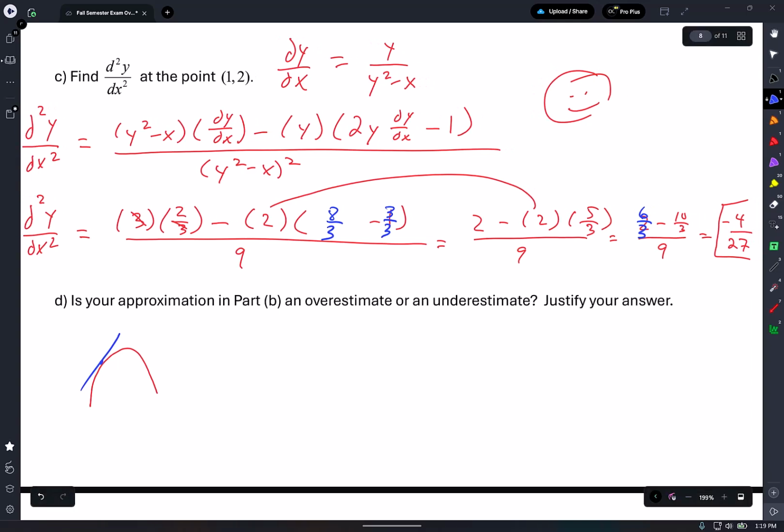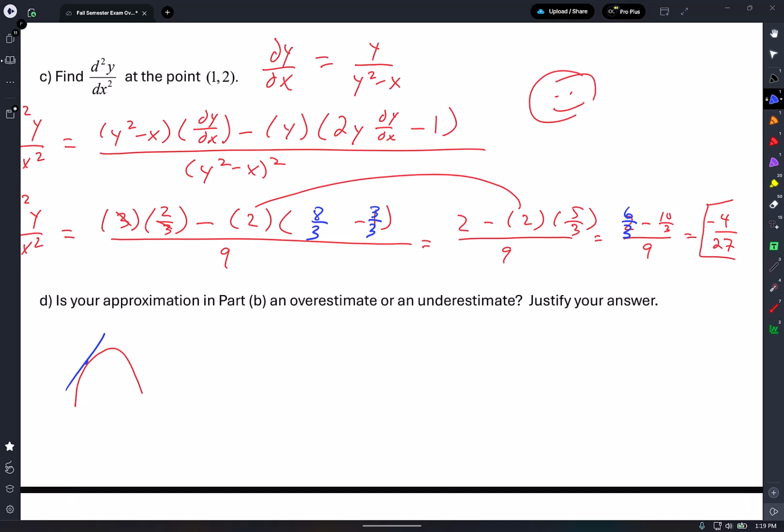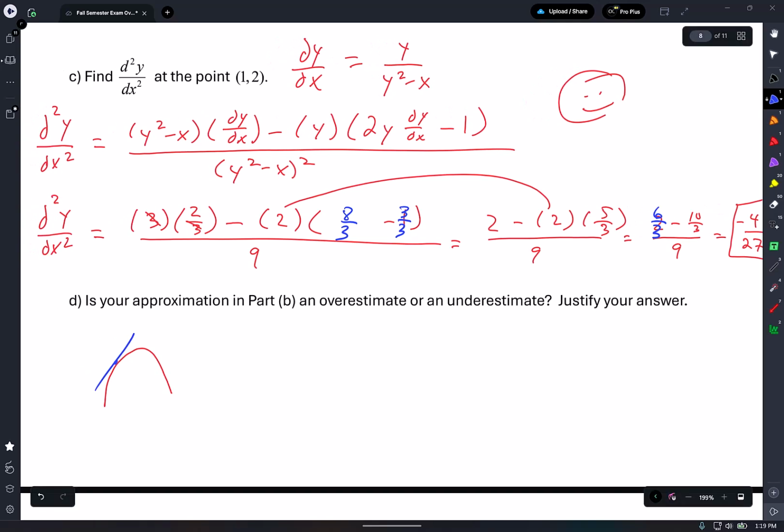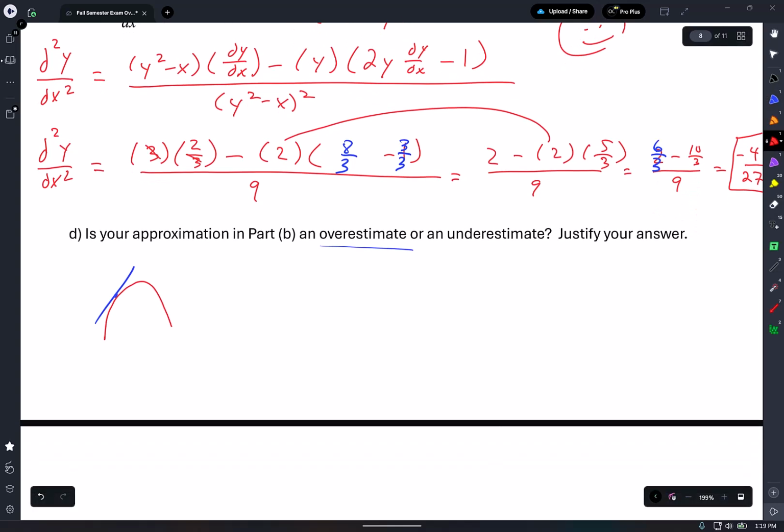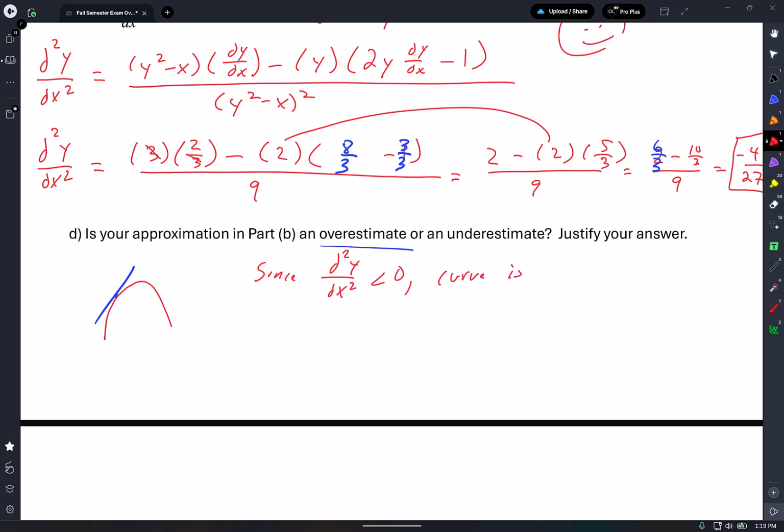How do you know you're concave down at that point? Well, I got a negative. So, because my tangent line is above the curve, it is an overestimate. So that's what I'm going to say. Since my second derivative is negative, comma, curve is concave down.